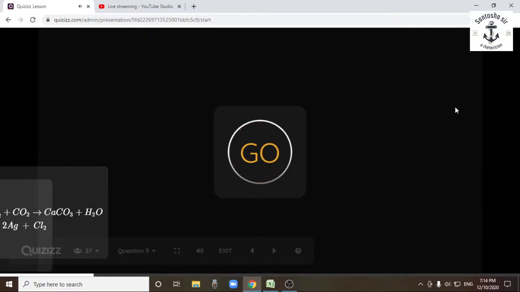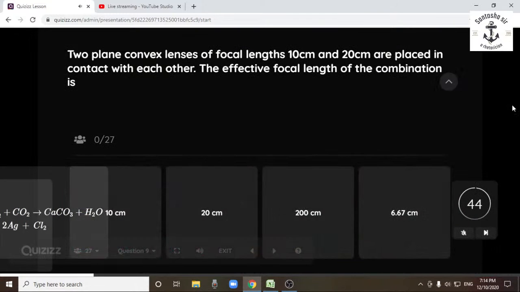Question number 9. Two plano-convex lenses of focal lengths 10 centimeter and 20 centimeter are placed in contact with each other. The effective focal length of the combination is.